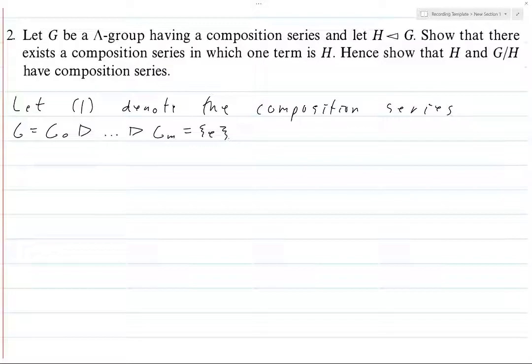And so we're going to use 1 to denote such a composition series.